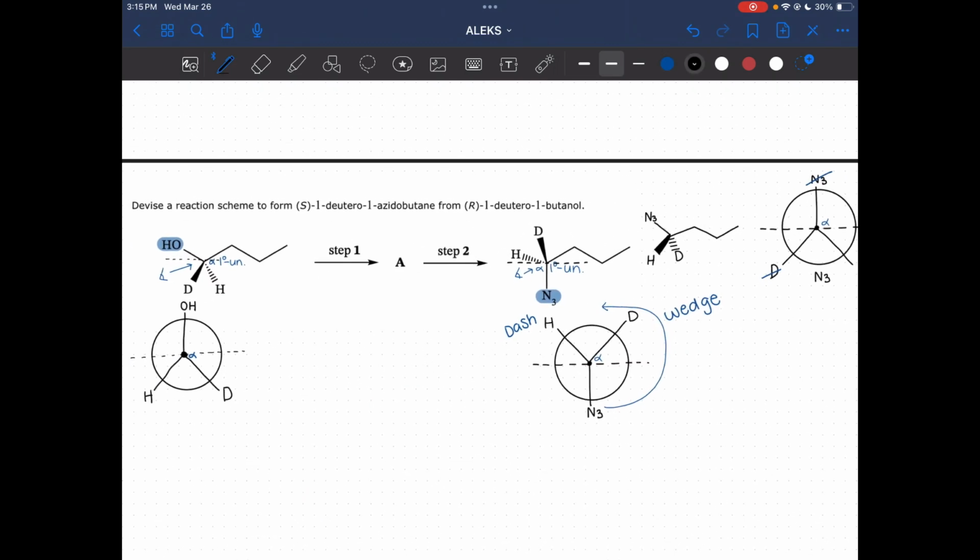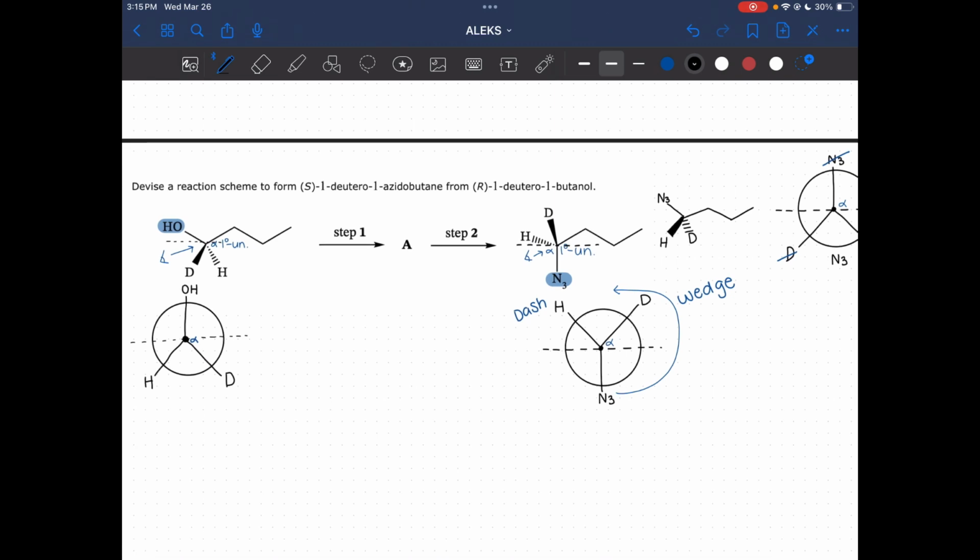Now, the whole reason we did this, even if it seems kind of unnecessary, I just wanted to do this to compare what the deuterium and H are doing between the starting material and final product. So you can see right now, it looks like they switched places. That signifies ultimately an inversion occurred.